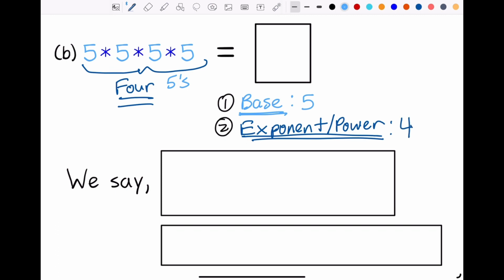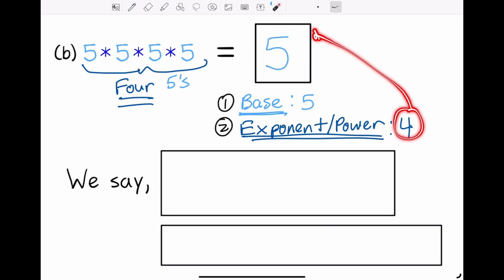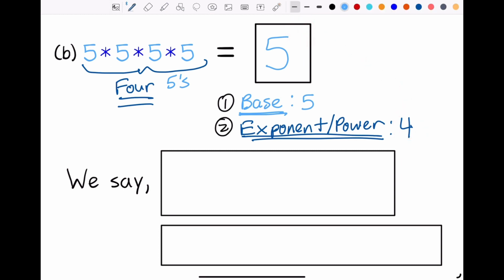So the way we write this is we first write the 5, which is our base, and then we place the 4, which is our exponent, or power, in the upper right corner of our base. So we have 5 and the 4. The first way we say this is 5 to the fourth.